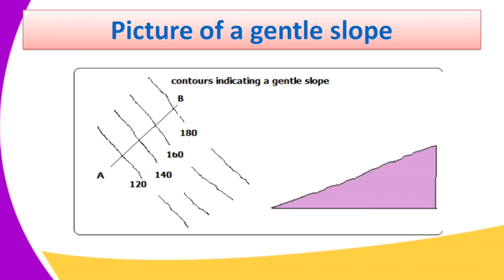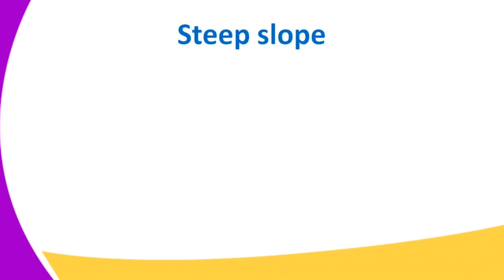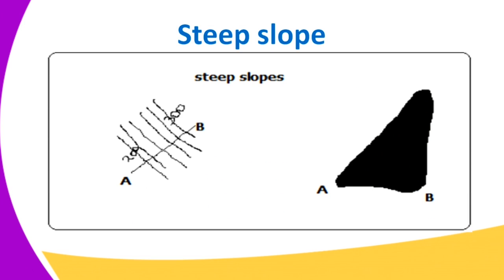So for you to know on a map if it's a gentle slope, you just have to look at the contours. Are the contour lines evenly spaced? Are they wide apart? And the distance between each contour is a distance of 20 meters. So you'll be able to know if it's a gentle slope if it has the following characteristics: that is widely spaced, and they are evenly spaced.